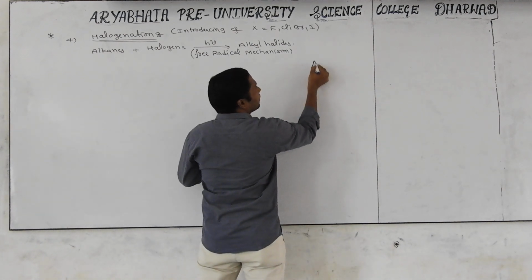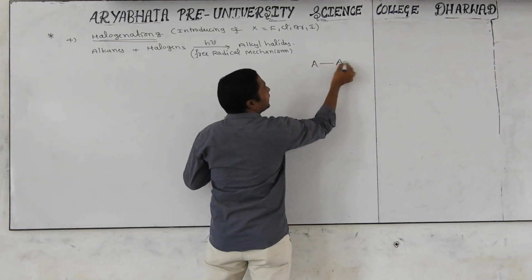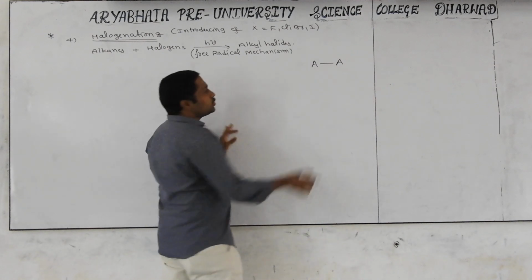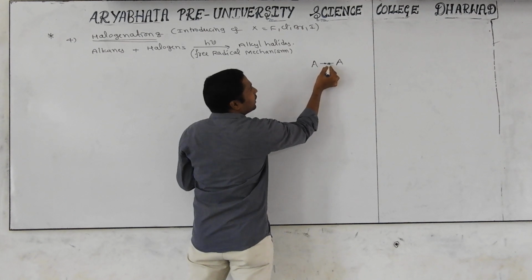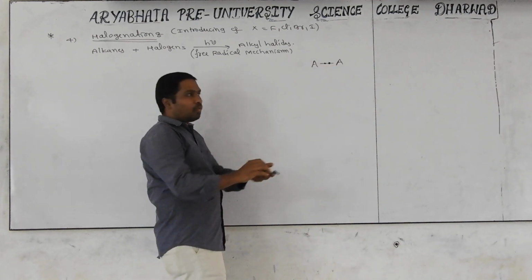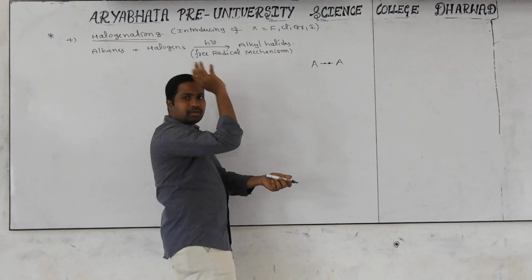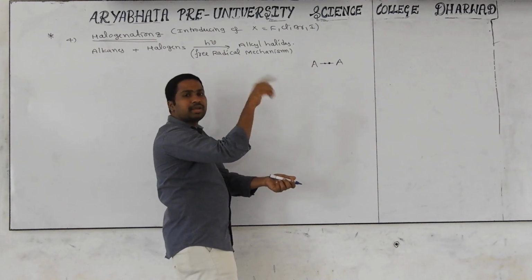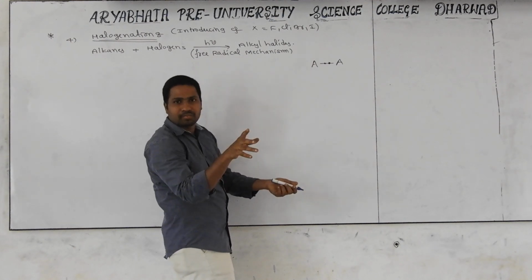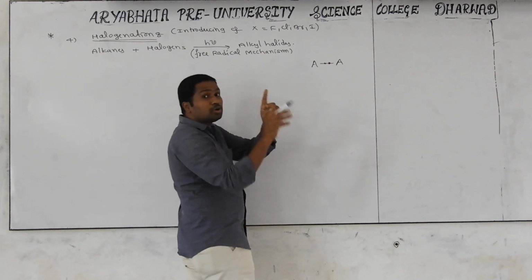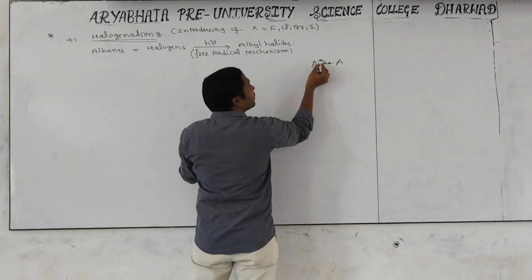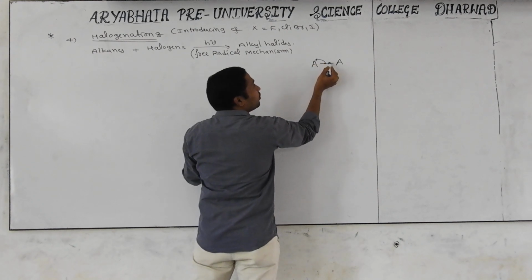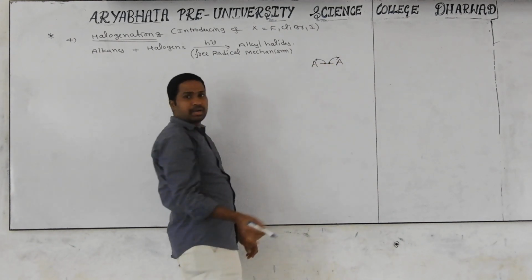Suppose you have a chemical A-A connected with a bond. Between the two A atoms we have two electrons. When sunlight falls on it, you are supplying energy, and supplying energy means the bond will break. That breaking should go equally, meaning one electron goes to one bonded atom and one electron goes to the other bonded atom.